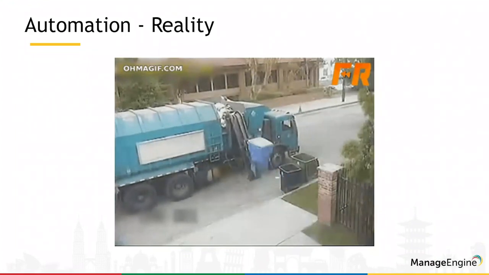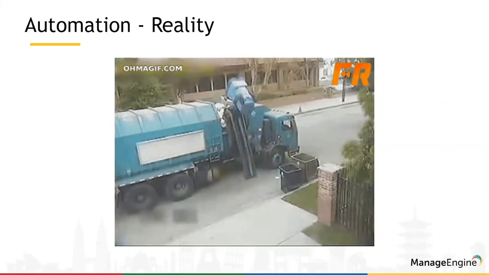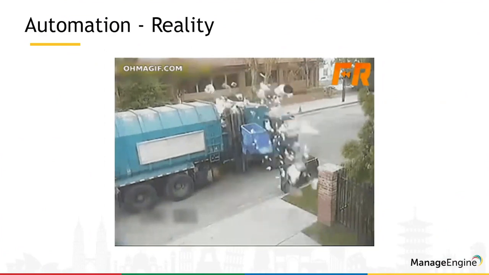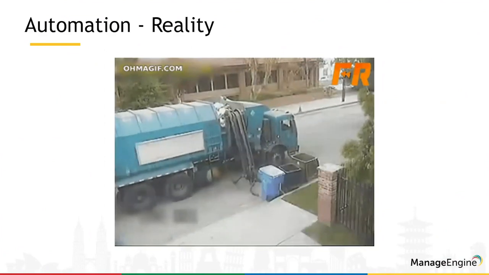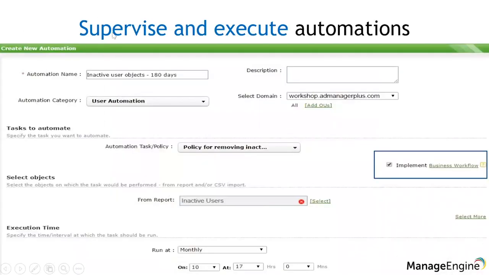So what I'm trying to say is you can automate any tasks that you think you should automate, be it creating users, cleaning up, or removing permissions automatically from a folder after 10 minutes of usage and all that. But the problem is you will have to supervise and execute automation. And that is where we have mastered the art of controlled automation, okay?